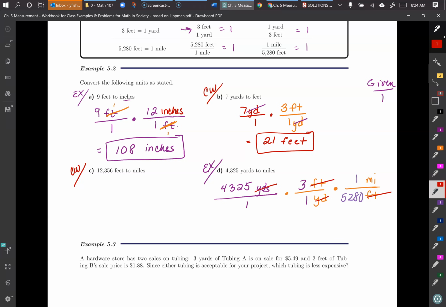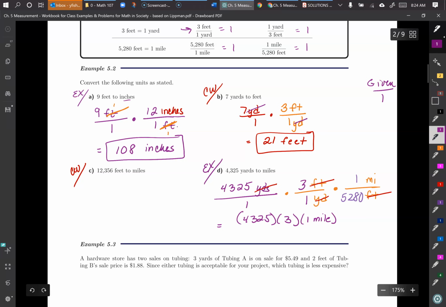And then I'm going to multiply across the top. So I'm just going to write that out. And then it's just 1 mile at the end. All divided by, and I should be left with no units in the denominator because I'm not working with a rate.